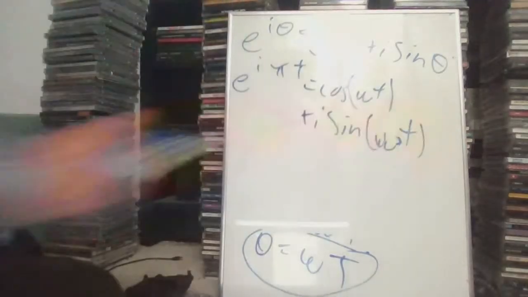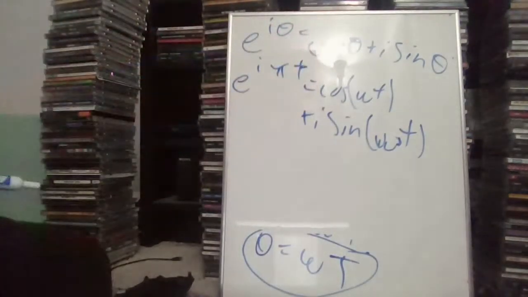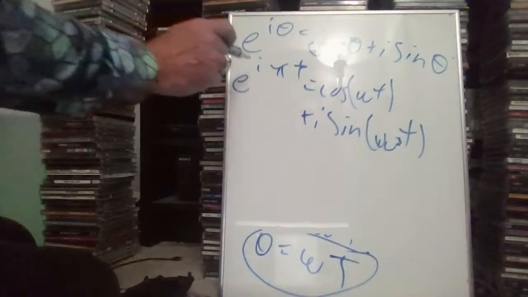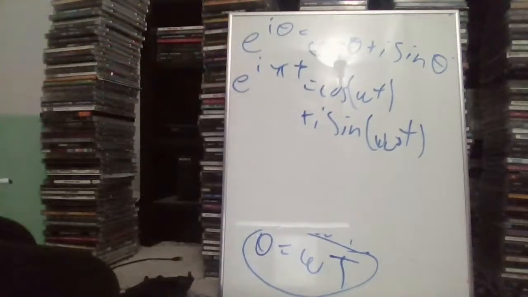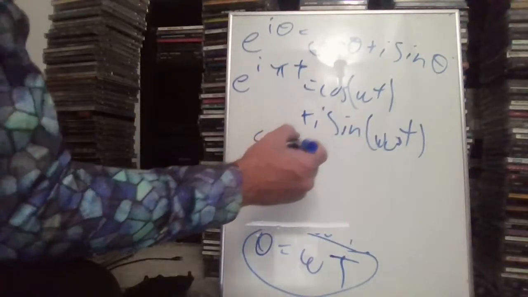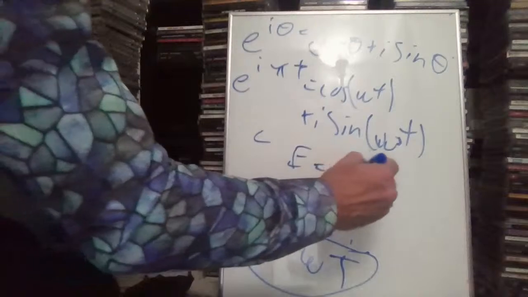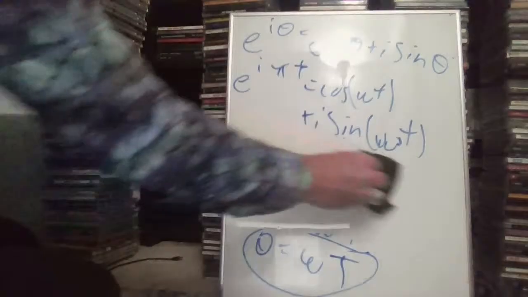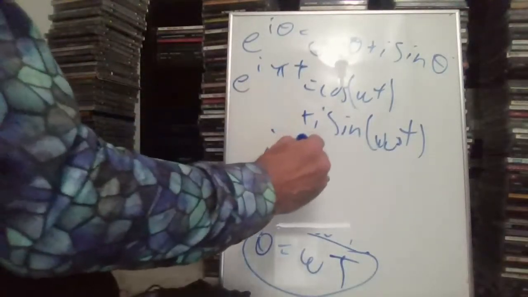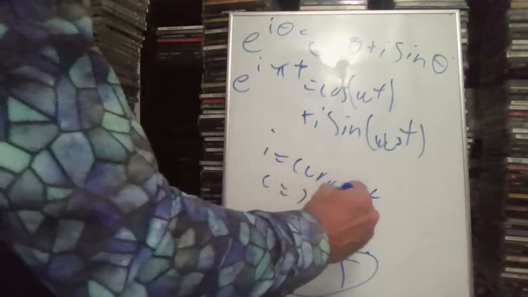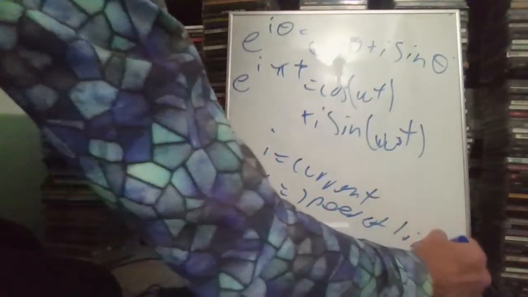All right, got that. But in engineering, I is current. We could call current C, but in Einstein's theory, E equals mc squared, C is the speed of light. So we can't call current C, we have to call current I. So I is current in engineering, whereas C is speed of light. So we have to call this I something else.